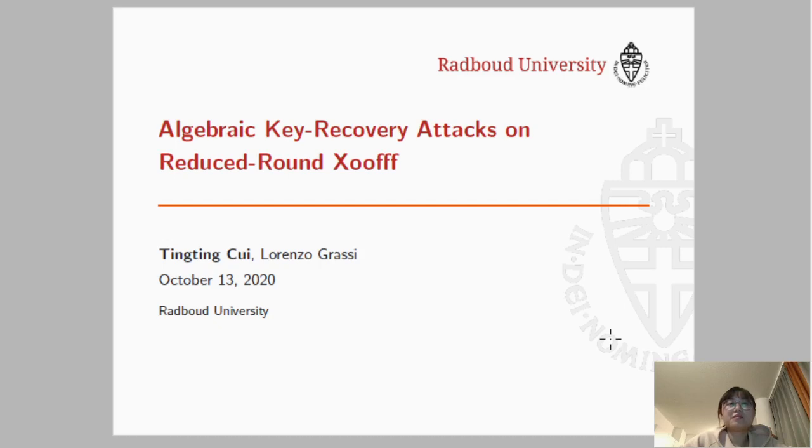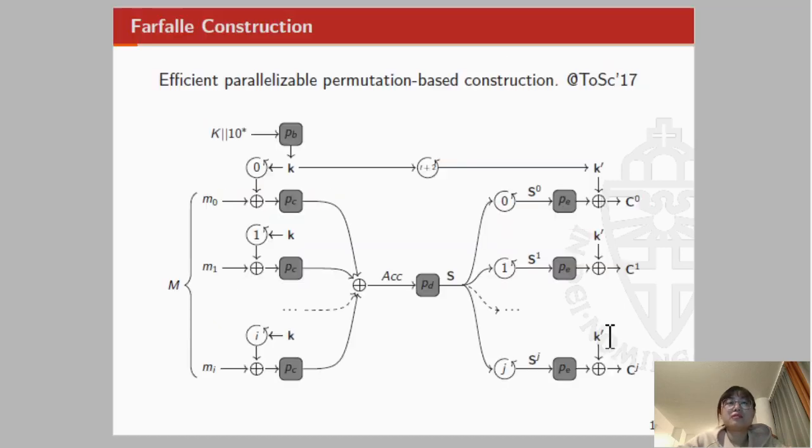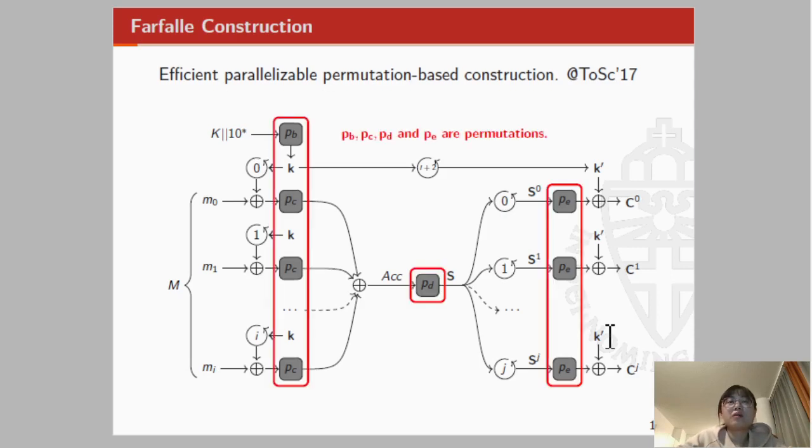Let's start by introducing the Farfalle construction. This construction was proposed at ToSC 2017. It is an efficient, parallelizable permutation-based construction. It has mainly two kinds of components.